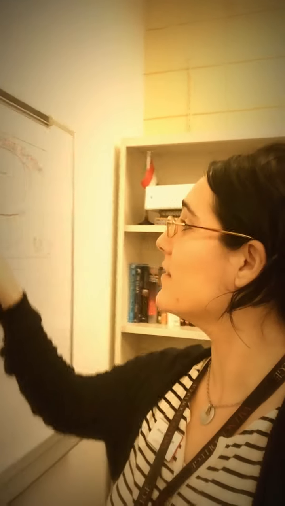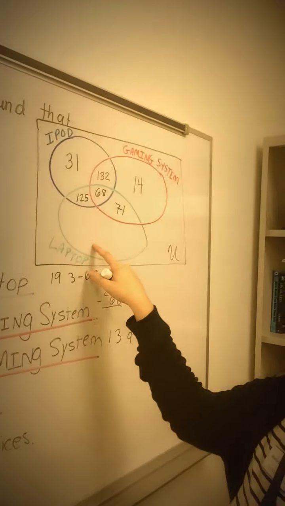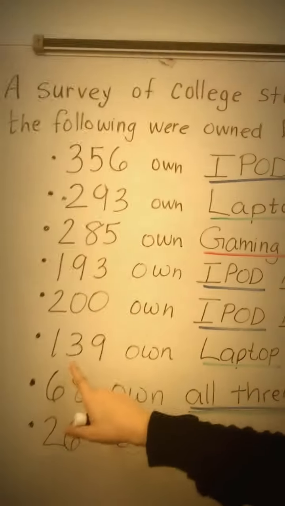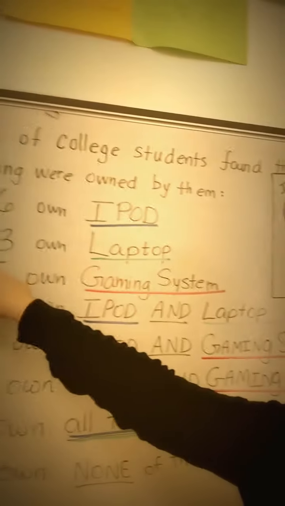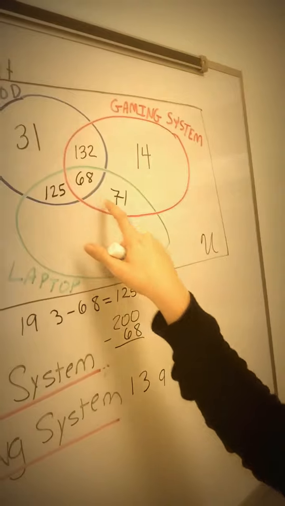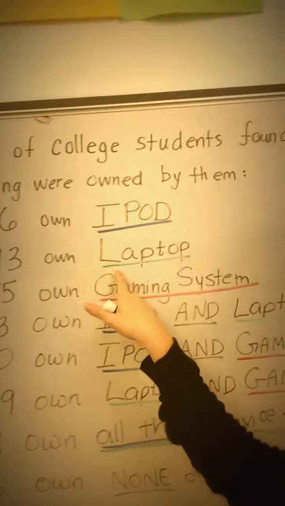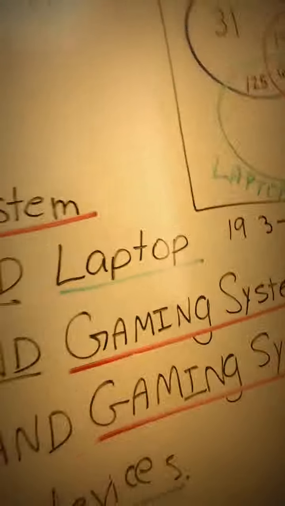And finally, laptops. There were a total of 293 people who owned a laptop. Since we've already discussed 125, 68, and 71, adding those together and subtracting from 293 gives us 29.